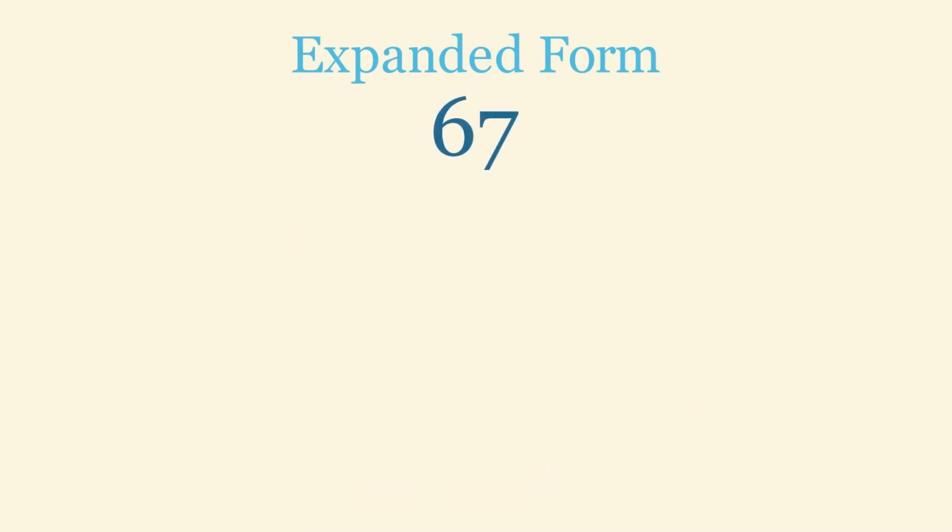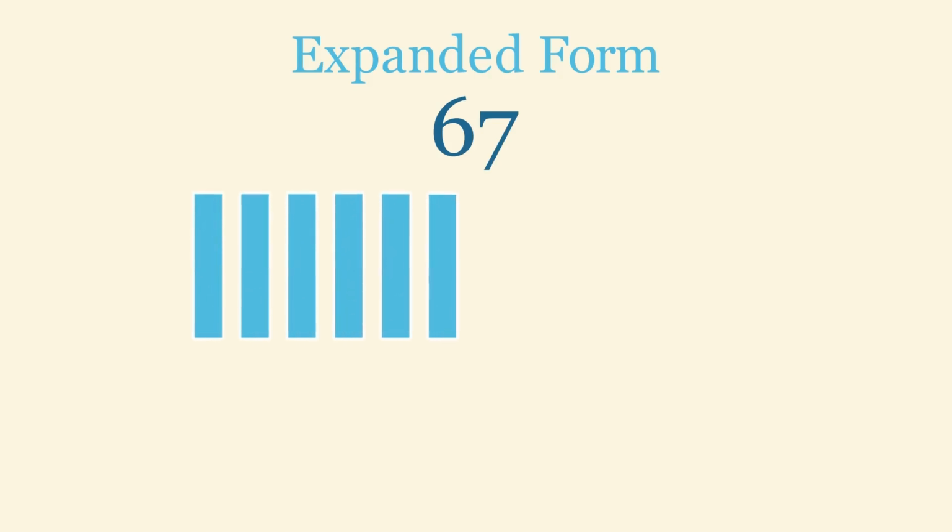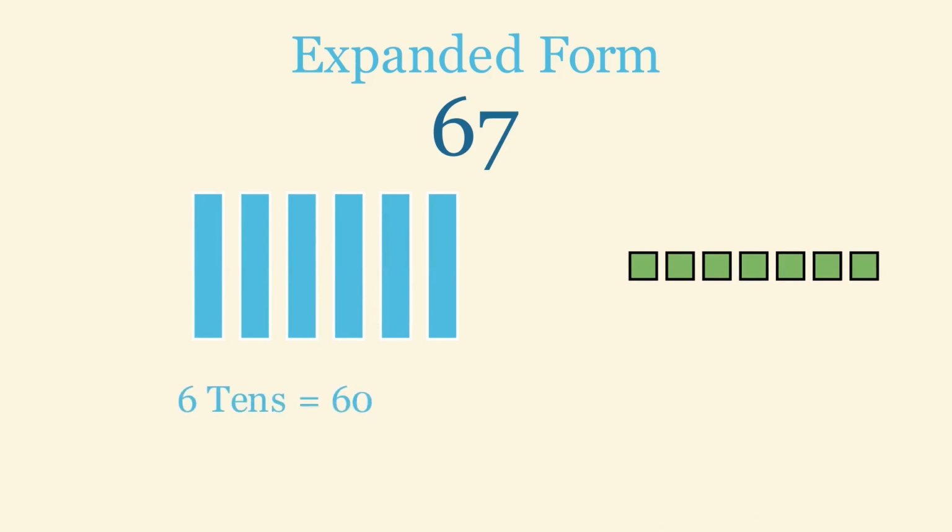What about 67? In expanded form, 67 becomes 6 tens plus 7 units, which is equal to 60 plus 7.